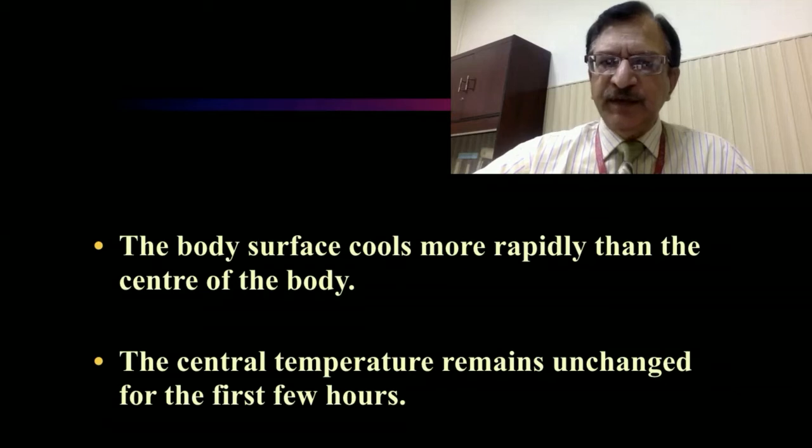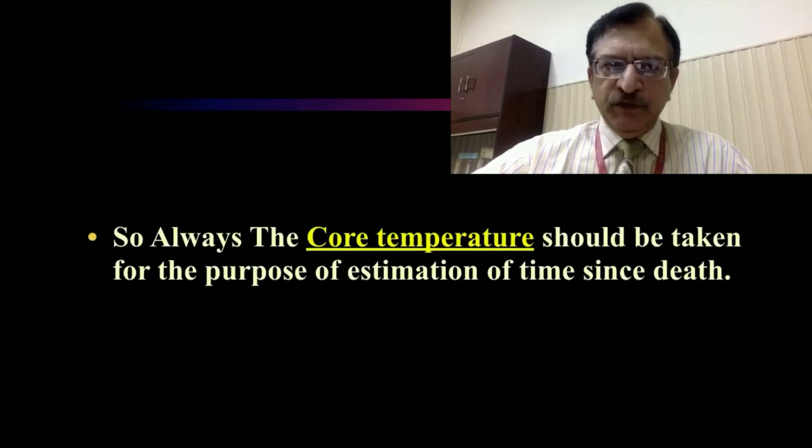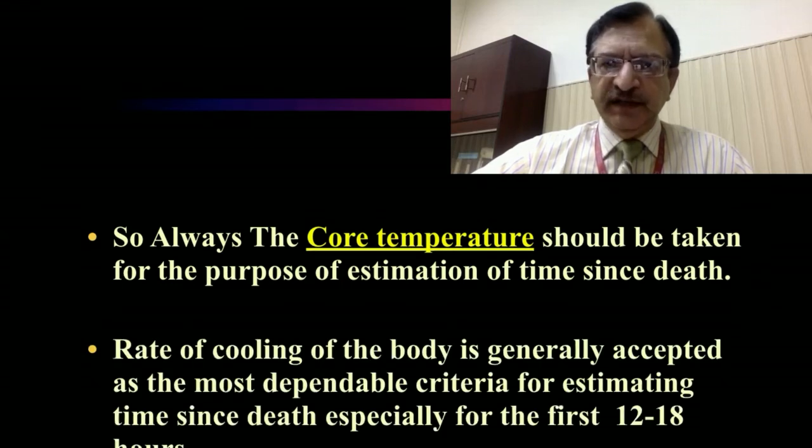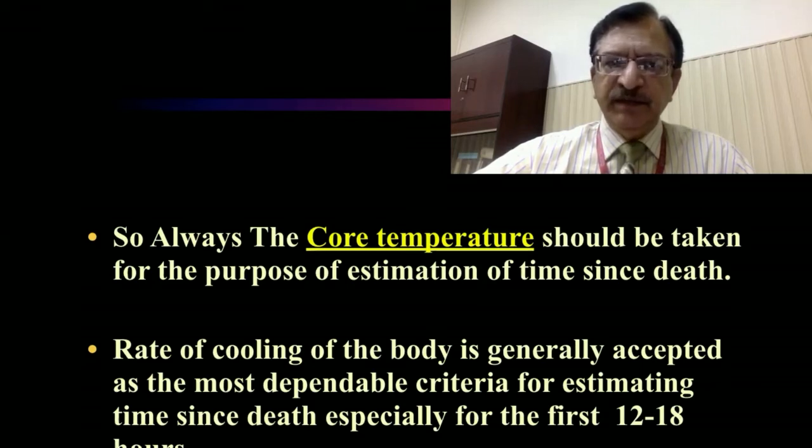The central temperature remains unchanged for the first few hours. So always the core temperature should be recorded for the purpose of estimation of time since death. The rate of cooling of the body is generally accepted as the most dependable criterion for estimating time since death, especially for the first 12 to 18 hours.